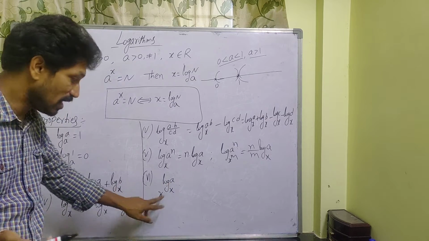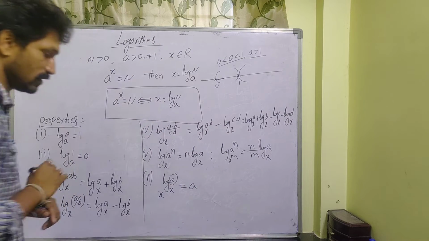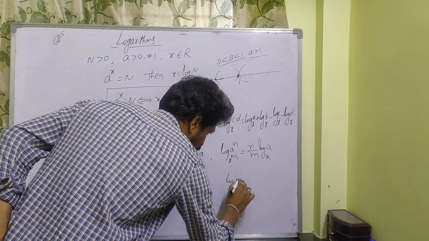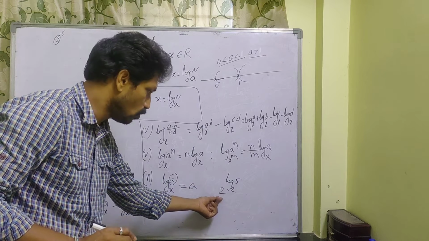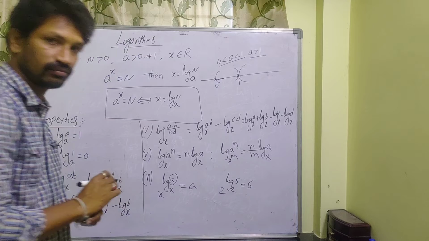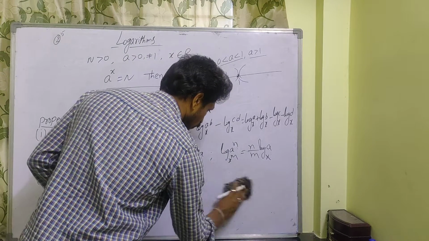Same bases, then this value is equal to a, that is our answer. For example, 2 power log 5 to the base 2, here the base is 2 in both, so you write 5 only. Very, very important. Okay. So next one.